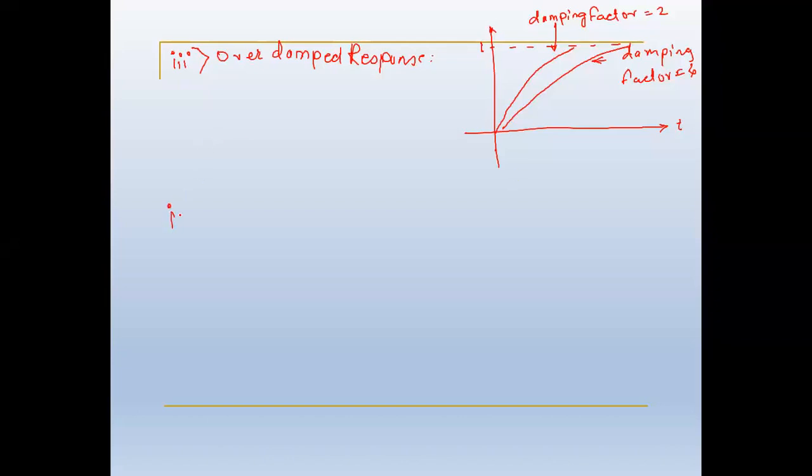The fourth one is the undamped response. So what is this undamped response? Undamped response means whatever signal we have provided as an input continues as it is.